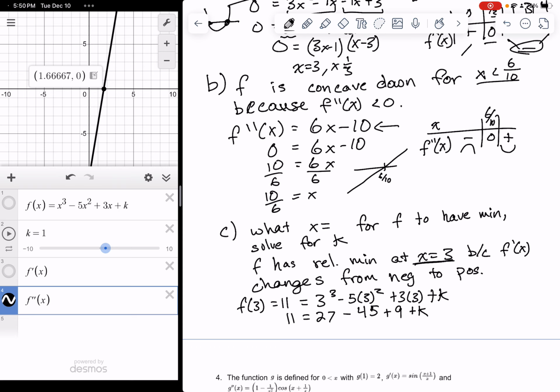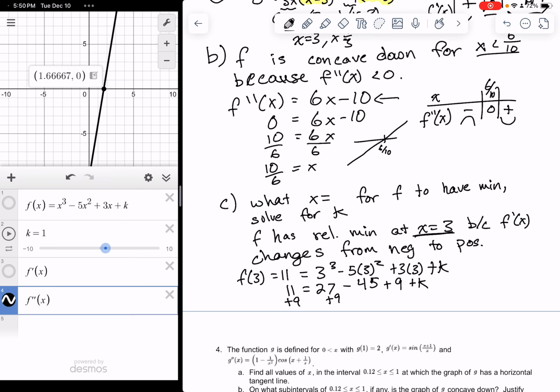Now with a bunch of algebra, this is 36 minus 45, or minus 9. So we add 9 to both sides, and that gives me 20 equals k.